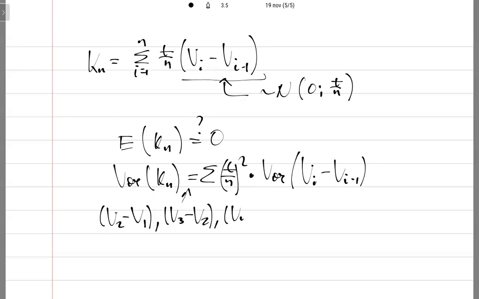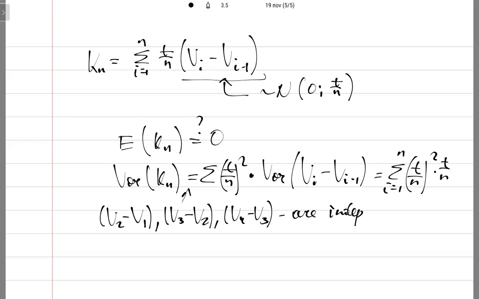So these random variables are independent, and we can replace the variance of a sum by the sum of variances. It will be n times T over n squared times T over n, which is T cubed over n squared. And when n tends to infinity, this tends to 0.